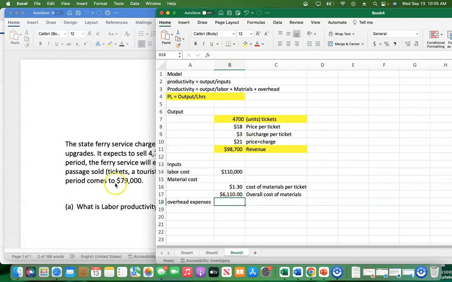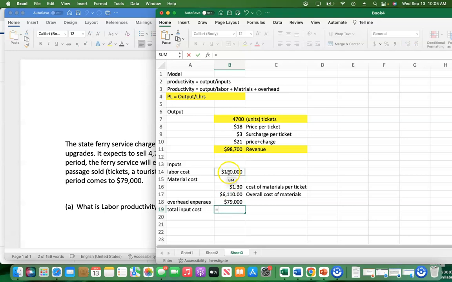Overhead expenses is given as $79,000. And so in this case, we can actually find the total input cost. And the total input cost, we are going to add the labor cost, material cost, and overhead expense.